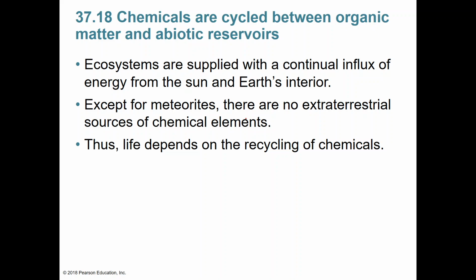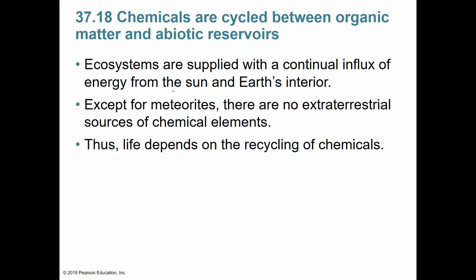Okay, so moving on, we talked at the beginning of the lecture about chemicals being cycled between organic matter and non-living stuff. So these ecosystems are continually supplied with an influx of energy from the sun.